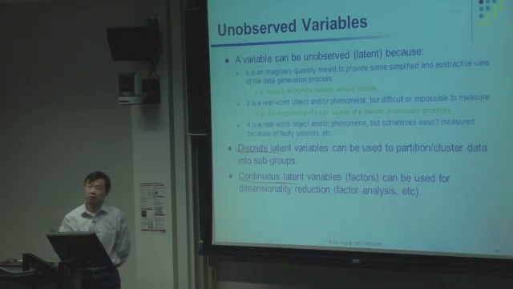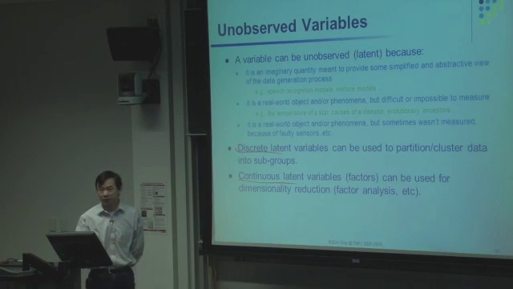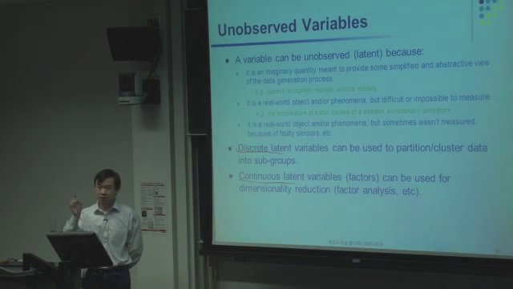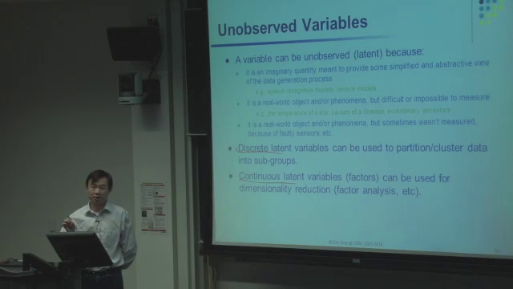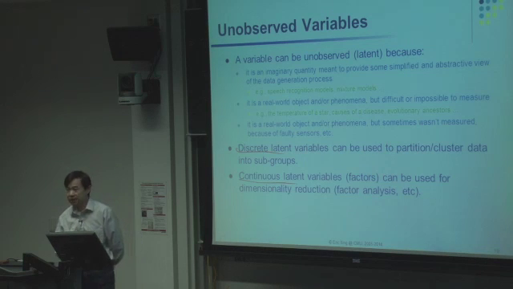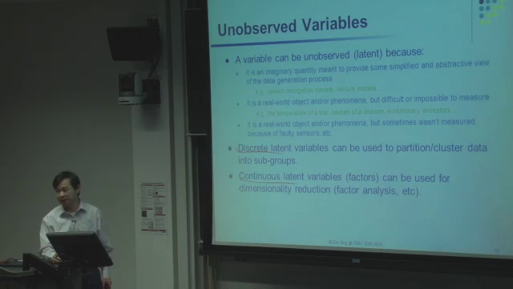You may have heard that Google was building a project where they want to do the so-called word embedding. They want to turn a word into a vector, and then you can measure distances between words or do other things. That latent vector is one of these continuous latent variables. Okay, it's an embedding in the latent space, which may carry semantic meaning. Sometimes they don't have any meaning; it's a geometric embedding. But anyway, this is a typical continuous latent variable inference problem.